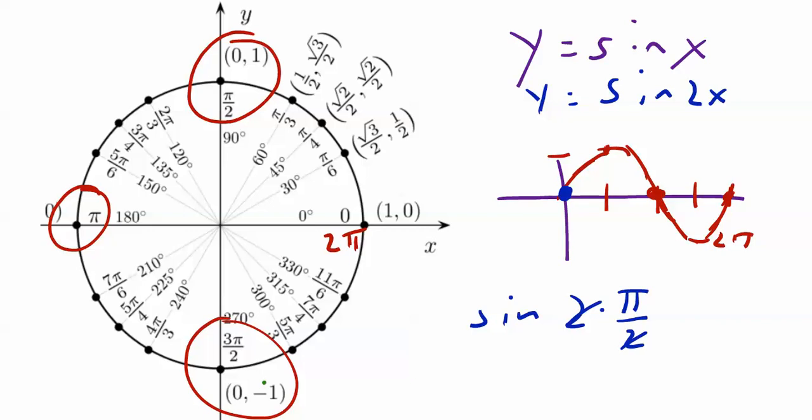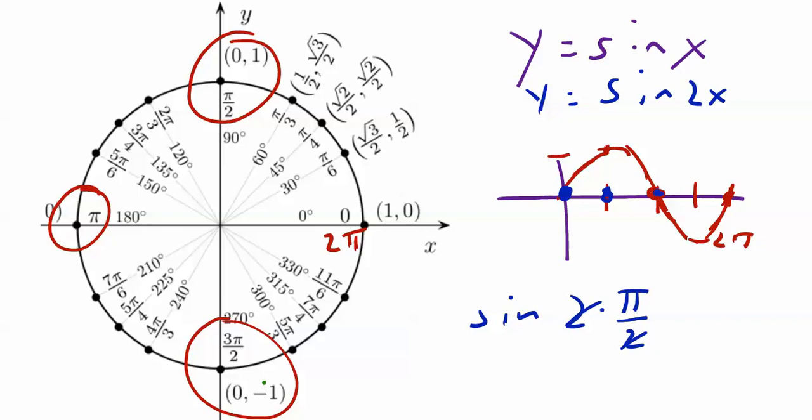So even though I put in pi over 2, it's actually at this point right here, but it's going to move that point over to pi over 2. So it's going to shift that point basically to the left. So this point is now at pi over 2, 0.